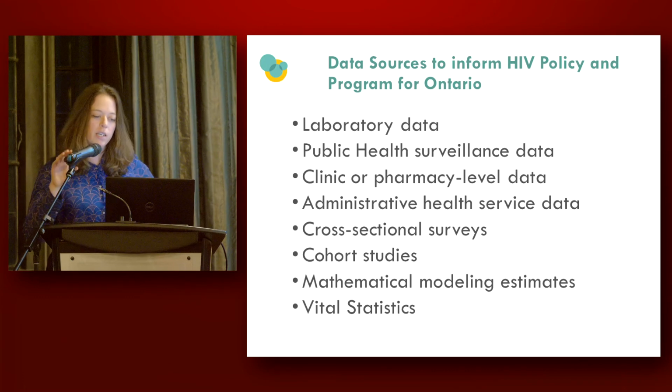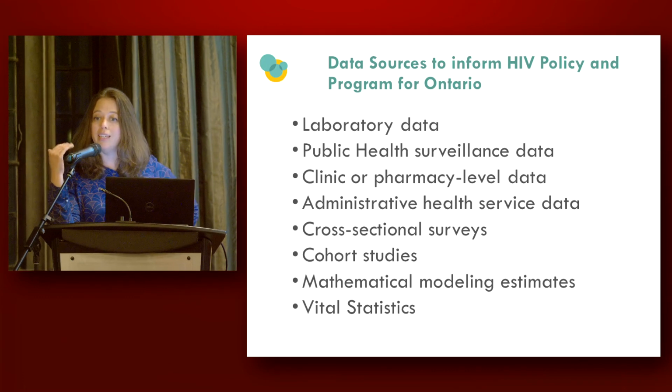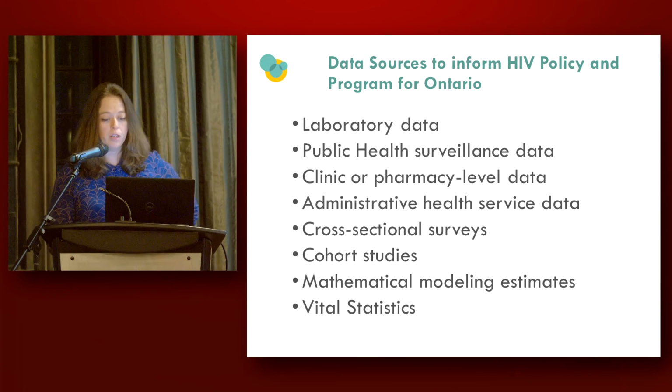It also means that we have both testing data, including negative tests, which is unique in a lot of jurisdictions, and is actually very helpful for looking at things like biomedical interventions, because over time we'll be able to understand more about who's testing and who's using PrEP, through the HIV testing programs.